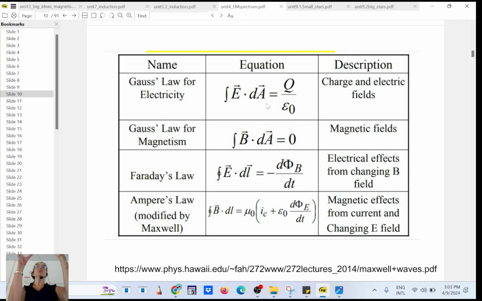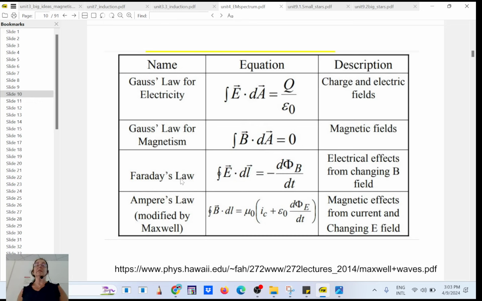So if you have a Van de Graaff generator, it's going to generate a static electric field that will diverge away from the charge. If you have a negative charge, the electric field will converge. This one is just to say that you don't have a monopole. You can never find a magnetic charge. You always have a south pole and a north pole. You cannot have a monopole.